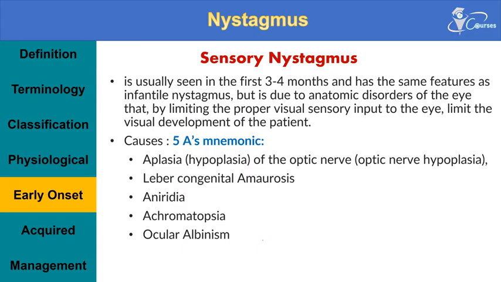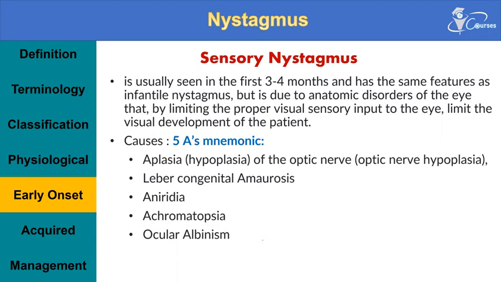You remember when we talked about the development of binocular vision, we have to have a normal motor pathway and normal sensory pathway. Both of them will affect each other. So if the patient doesn't have a normal sensory pathway, this will affect the motor pathway, causing nystagmus.